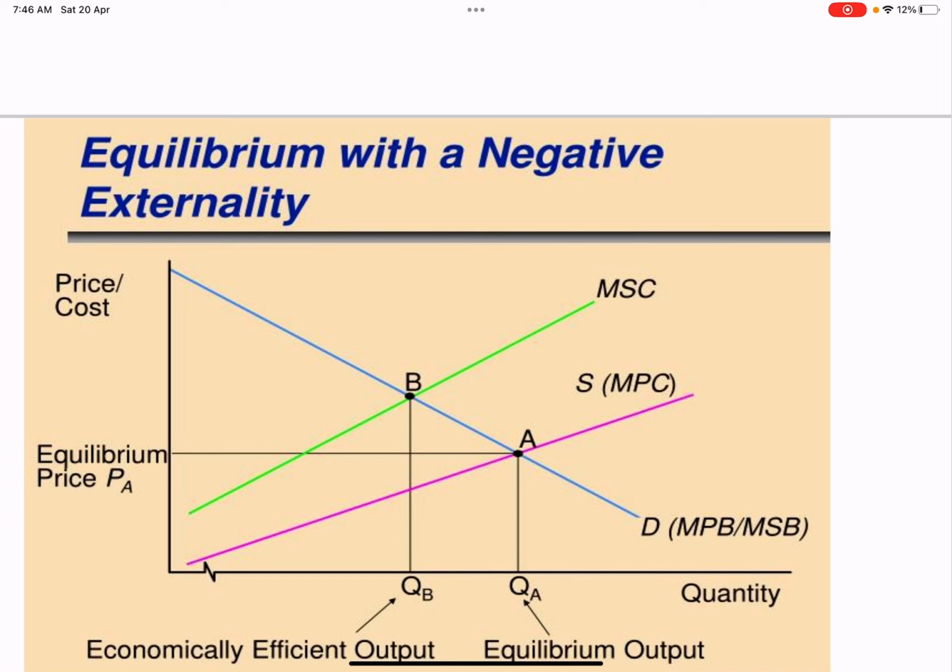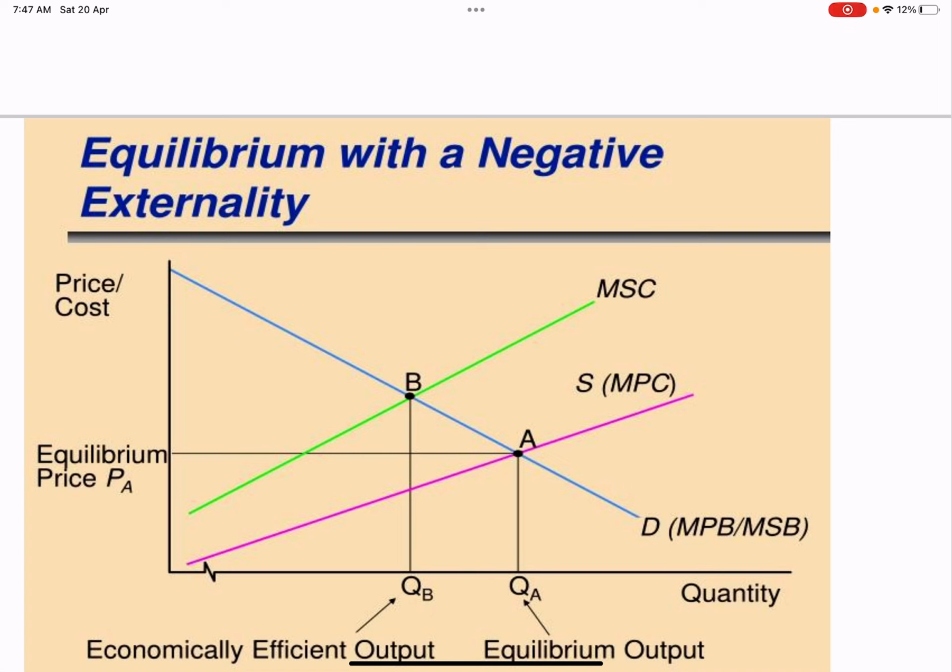The demand curve and supply curve meet and give you QA. QA is the equilibrium point where we have considered only the marginal private cost and the marginal private benefit. So wherever the marginal private cost and marginal private benefit are equal, that is the equilibrium. But we said that that equilibrium output is not desirable because it is overproduced. The number of polluting cars is more.